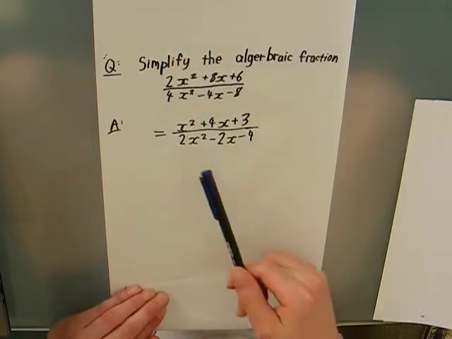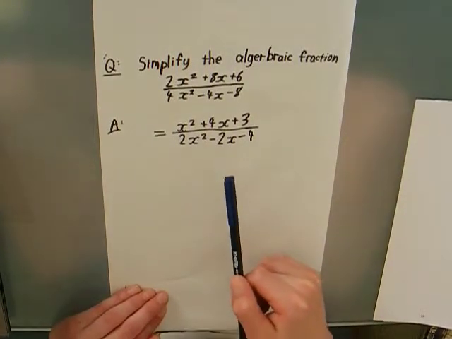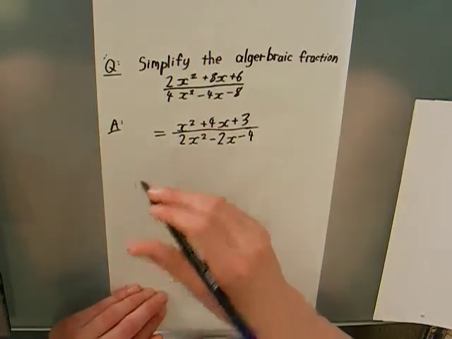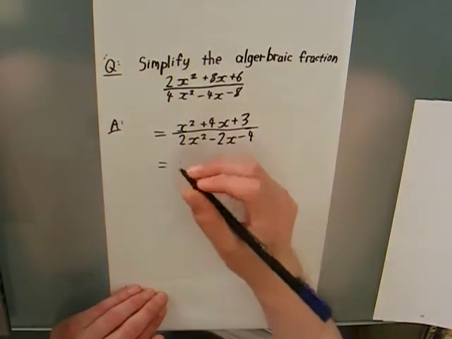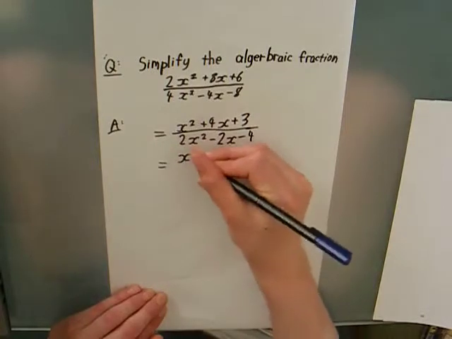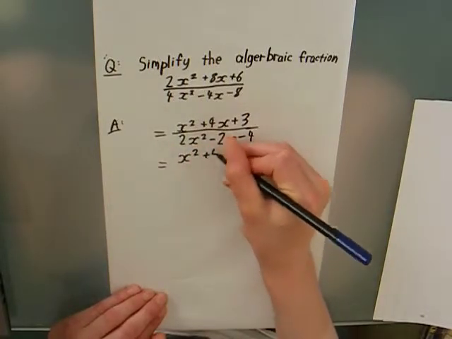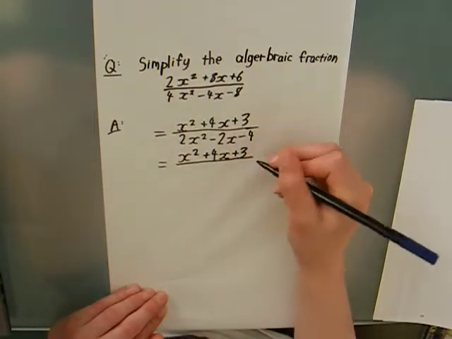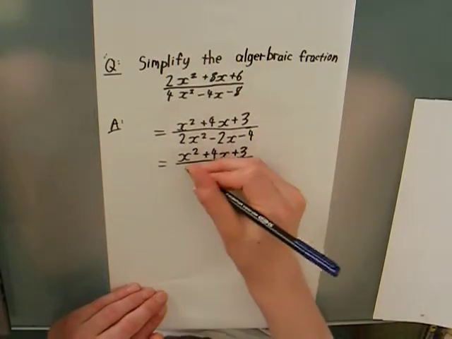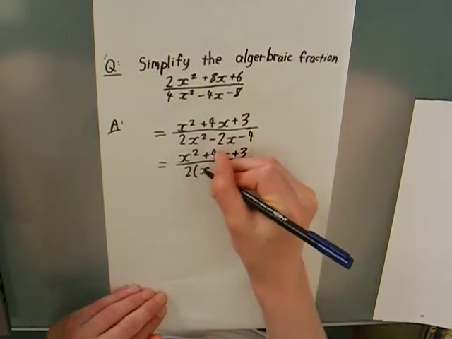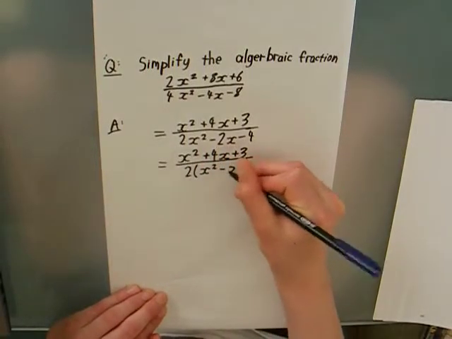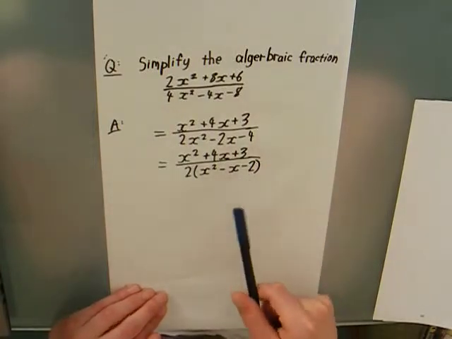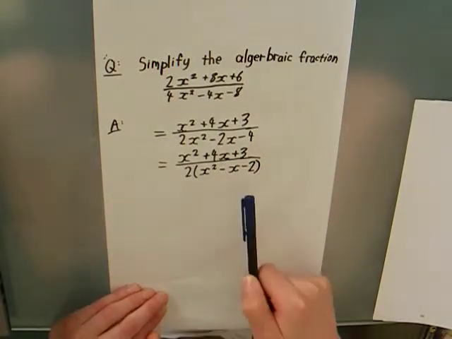Now you may be able to see that the denominator is still divisible by 2. So what I would do in this case, because it makes the next few steps simpler, is I would write it like this. The numerator stays the same, and the denominator I would write as 2 times x squared minus x minus 2, as this makes it a whole lot easier to factorise this quadratic.